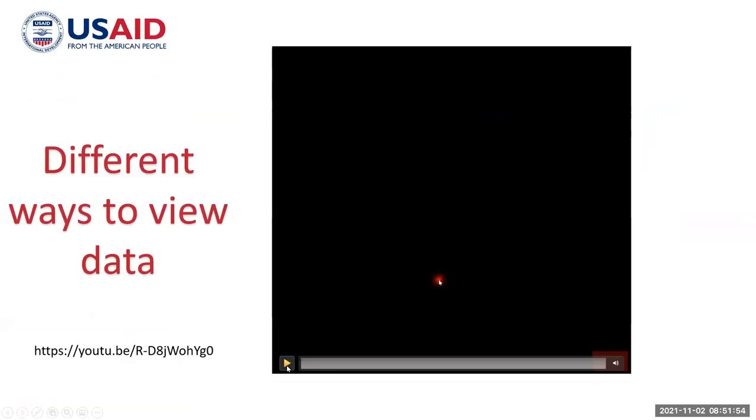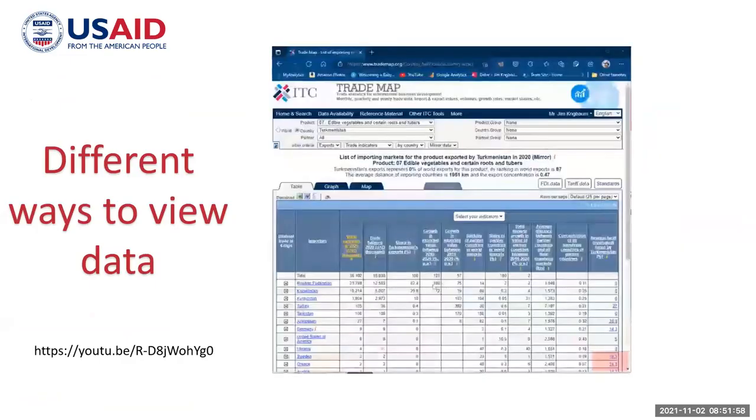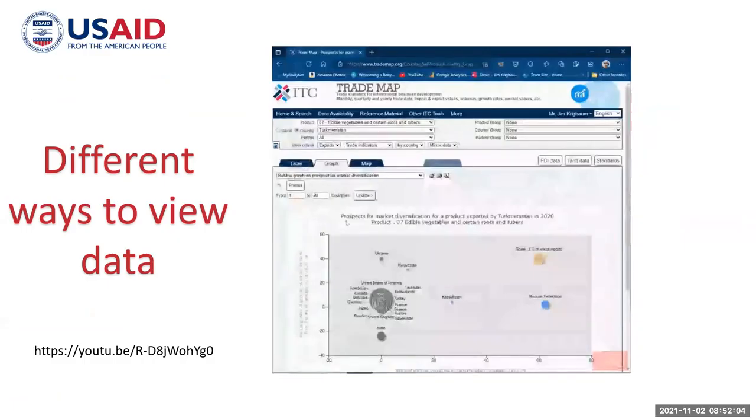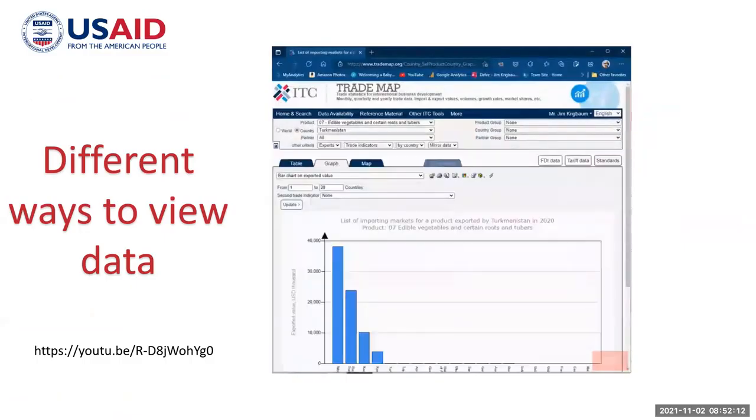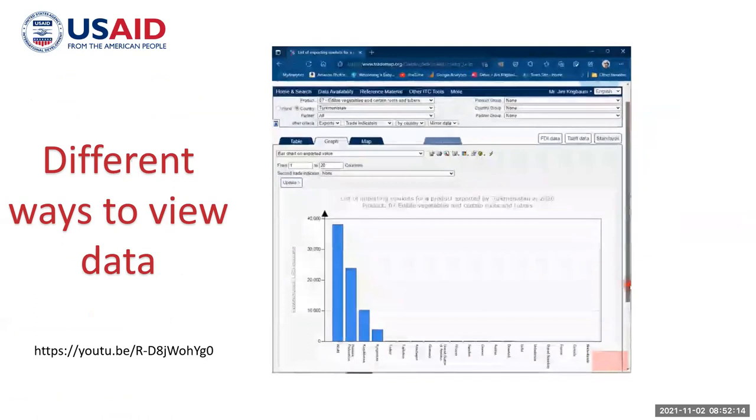And keeping going on the same process here. In this data, we can also look at it in a graphic format. We have a number of different graph options that allow us to visualize the trade. You see here, kind of a visualization in the case, again, the Russian Federation is the largest.